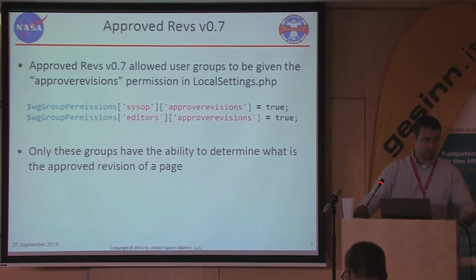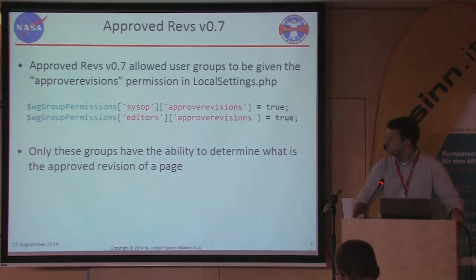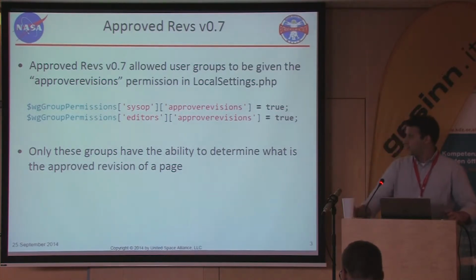So if they go to the page, they try to click approve, there will be no approved link. By default it's just the sysop or administrator that has that right. I've added the example editors there. In the current way Approved Revs works, only those groups will have the ability to approve, and they will be able to approve everything. So anything that is approvable, they can approve.